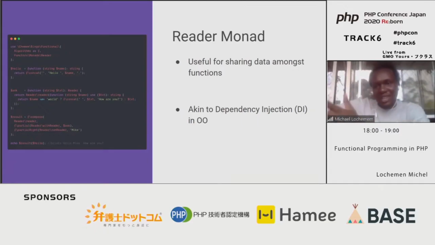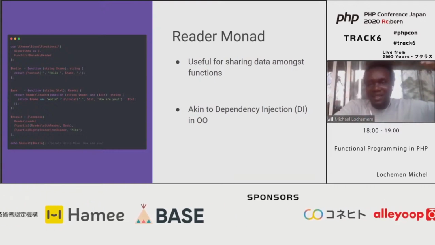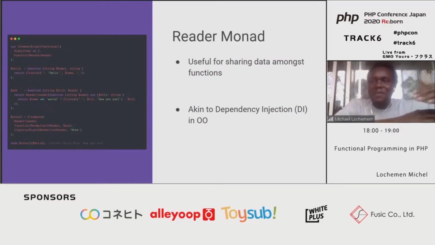So if you have some configuration, like something from an env, and you have a bunch of functions that read from that env, you can chain them all together inside of the reader monad, and then pass your env variables into that, and get your result. So you have here a function that prints hello name, a greeting, really.